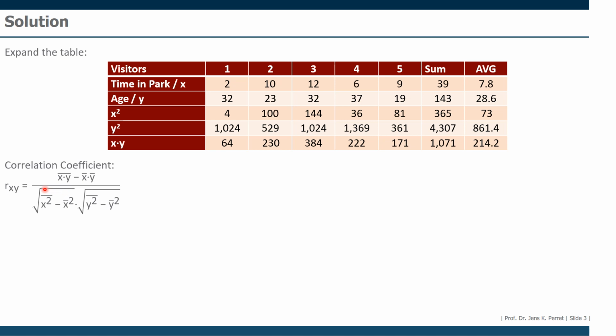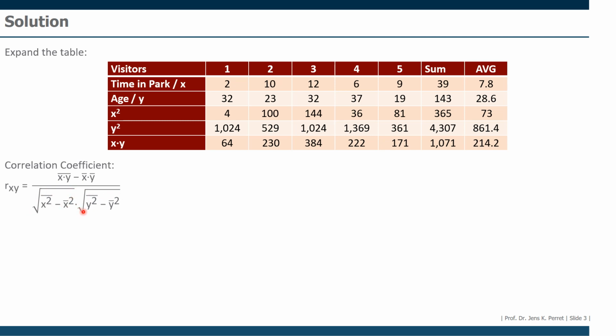Then I'm going to divide all of this by the standard deviation of x and the standard deviation of y. Here I can most easily do this by taking the average of x squared, that's what I did here, 73, minus the average of x, 7.8 squared, that's this part, and then taking the square root thereof.